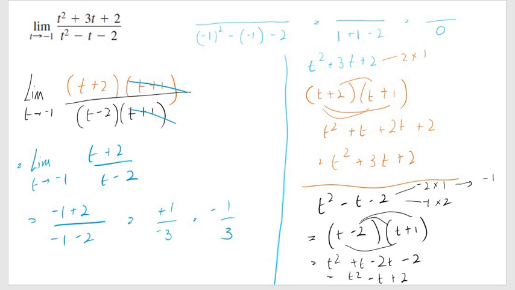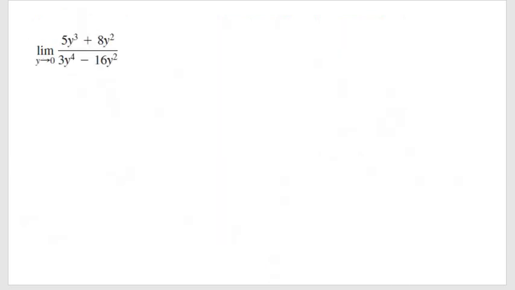Let's look at the next question. We want to find the limit as y tends to 0. If you look at the denominator at y equals 0, it's 0 minus 0. So the function is not defined. The denominator is 0. So first thing we always do is to see whether there are any common factors. There are some common factors, namely y squared. So we take the common factors out.